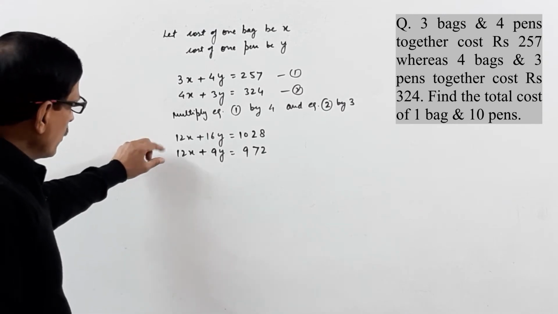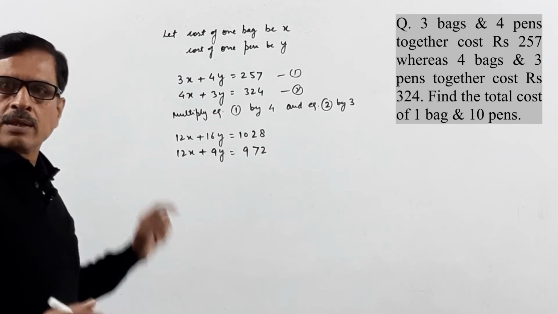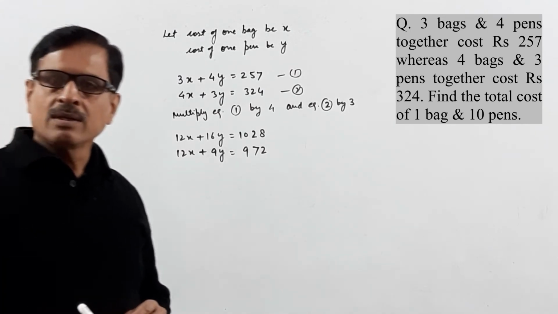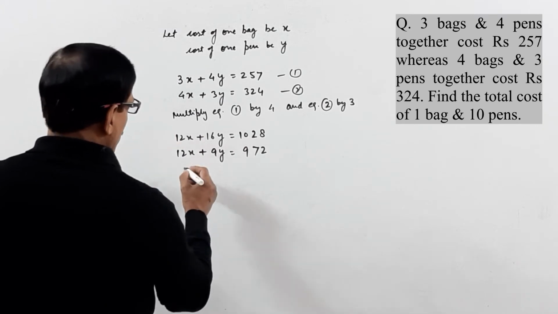Now we observe the coefficient of x in both the equations is equal, and their signs are similar, thus we subtract the second equation from the first one.